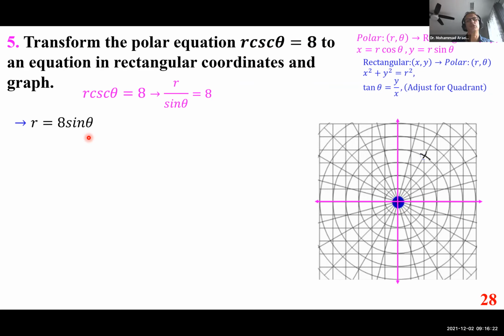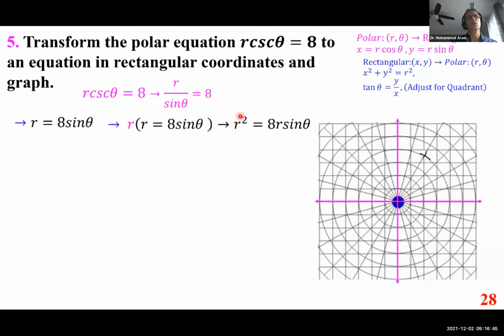I hope you see that it's similar to the previous one. If we had an r on both sides, this would become r squared, and this is 8r sine theta. That gives us a situation we can easily handle. So let's multiply both sides by r, which gives us r squared equals 8r sine theta.